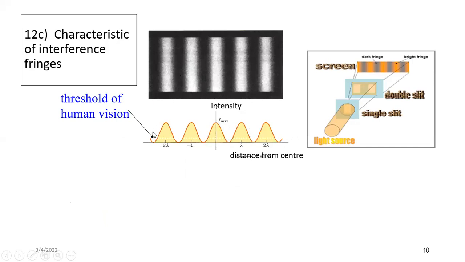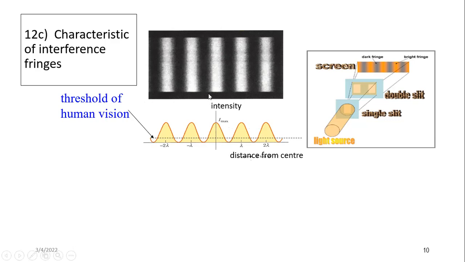The reason is because we have what I call the threshold of human vision. Below a certain intensity, we cannot see anymore. Even though there's still a little bit of light, we will consider it as darkness already. That's what I mean by threshold of human vision, somewhere around there. So that's why we see not a dark line, but a dark band.